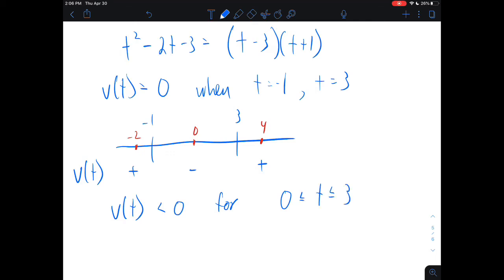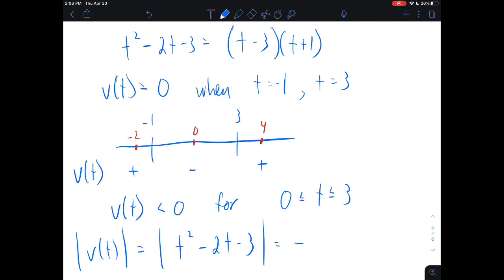So what that means is, if I need to find the absolute value of v of t in that interval, this is going back to an old understanding of how we calculate the absolute value. If a function is negative, then the absolute value of that function has to be the negation of that function.